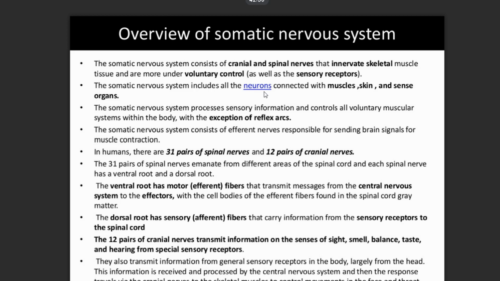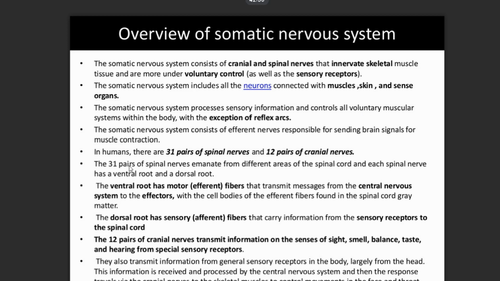It includes all the neurons that connect with the muscles, skin, and sense organs. It controls all the voluntary muscular system within the body, with the exception of reflex arcs. There are about 31 pairs of spinal nerves and 12 pairs of cranial nerves.